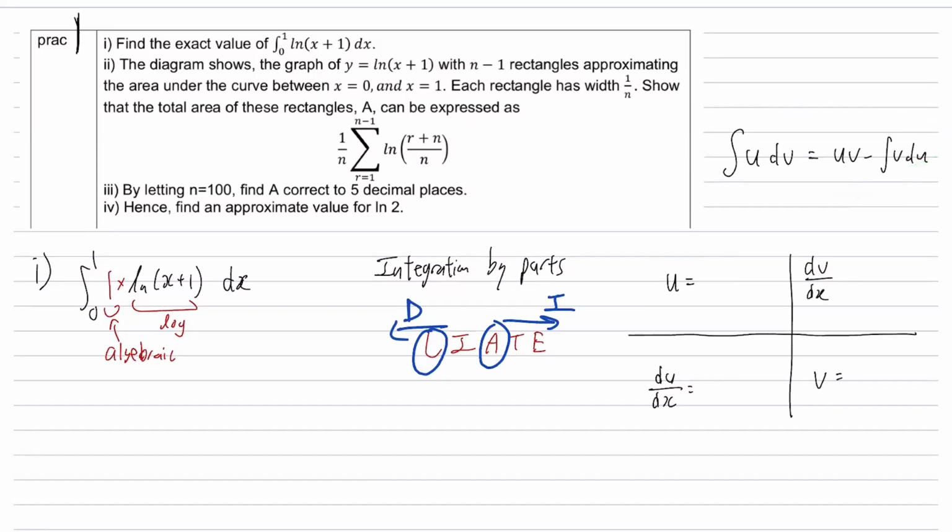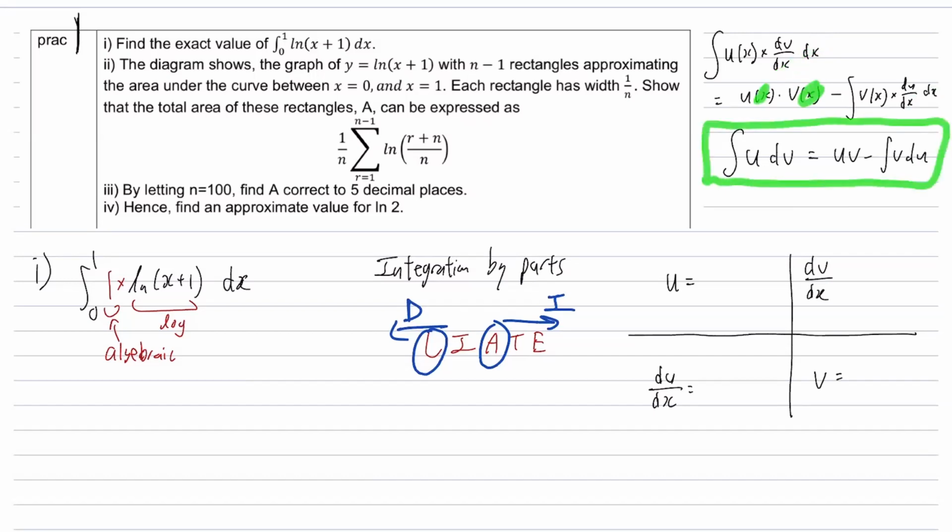The correct formal version should be the integral of u of x times dv by dx dx equals u of x times v of x minus the integral of v of x times du by dx dx. Very long-winded. I just get rid of the dx and the x. Then I get u dv equals uv minus integral v du.